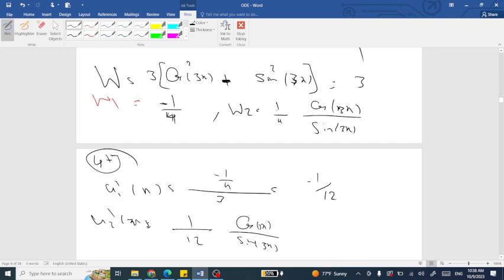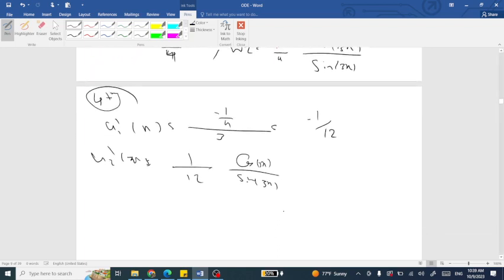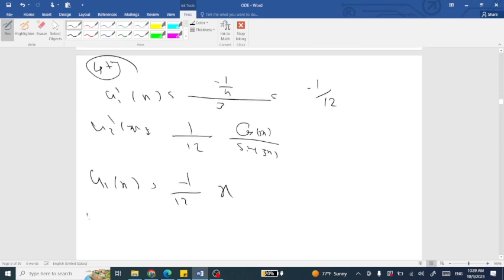Good. What else? Integral, you are right. We needed the u. So u equal to what? U1 is easy. U1 of x is equal to minus 1 over 12 x. Is that right? How about U2? U2 is important. It's easy actually. 1 over 12.